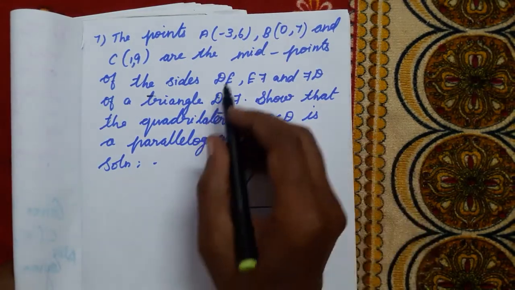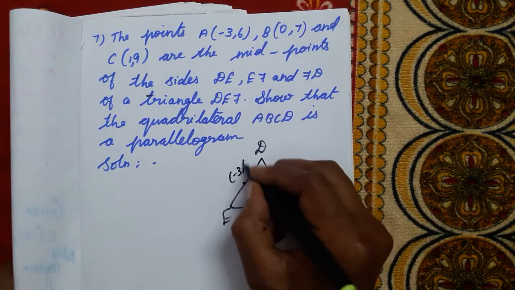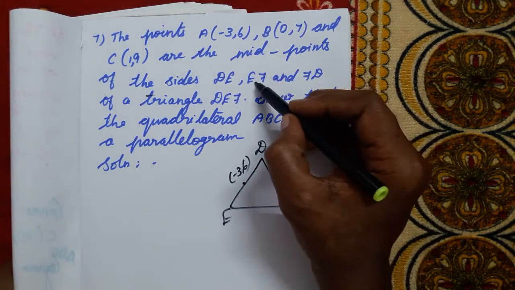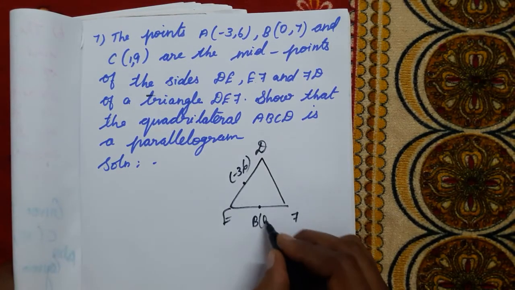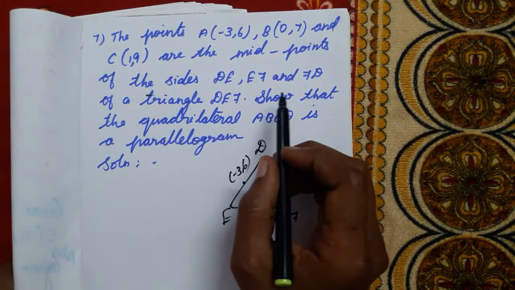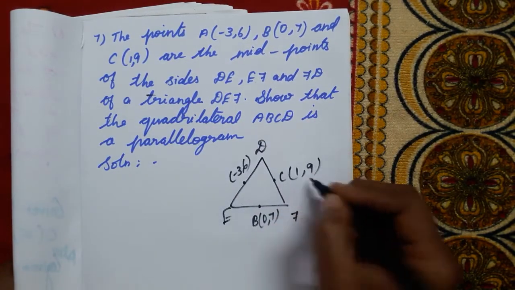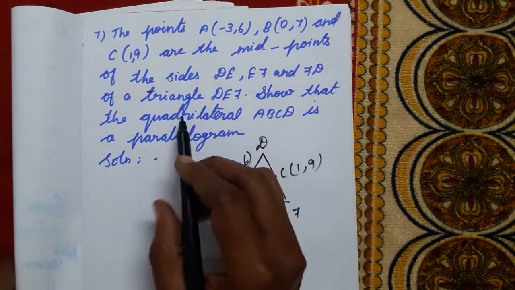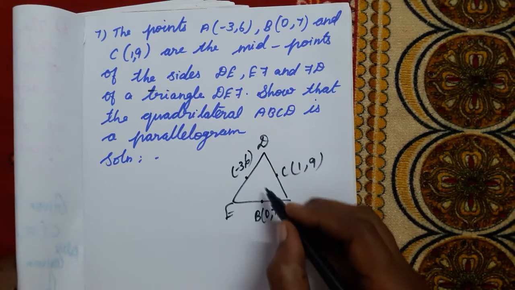The midpoint of DE is A(minus 3, 6). Next, the midpoint of EF is B(0, 7). Next, the midpoint of FD is C(1, 9).